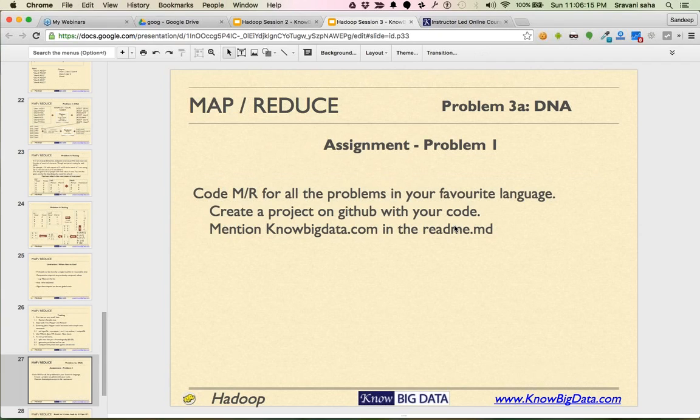Why am I suggesting this? Because that would help you learn Git. Also it will be your first open source project, and maybe people find it interesting, or that way you will also get a little bit of exposure.